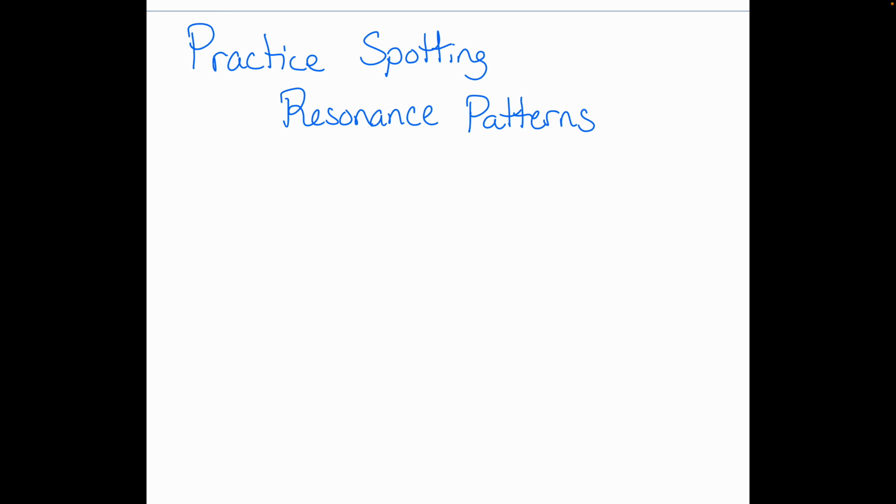So what I'm going to do is I'm going to draw some molecules. You're going to tell me whether or not they have one of those 4 resonance patterns. If they do, you want to identify what that pattern is and draw in that other resonance contributor.